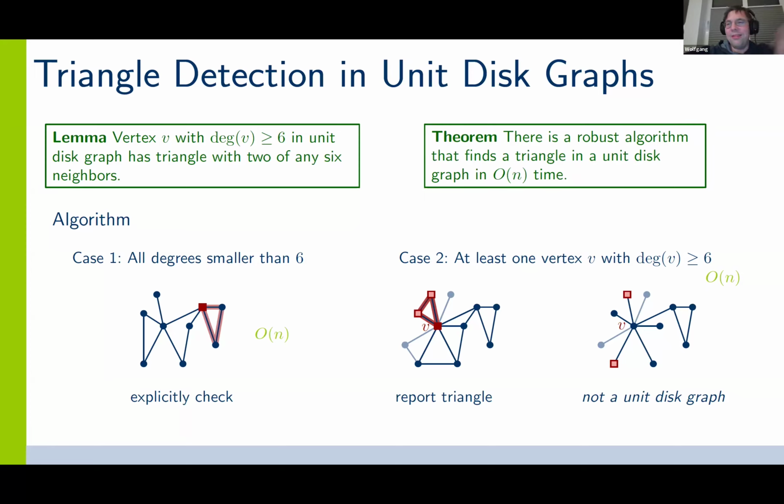But still, you can say something, right? So at least for unit disk graphs, and this is easy, maybe now you see it. I like this because it's very easy, but it really illustrates the idea that you can still say something, even if you just have the graph. You can say it works if the graph is a unit disk graph, and if not, it may work or it may not work.